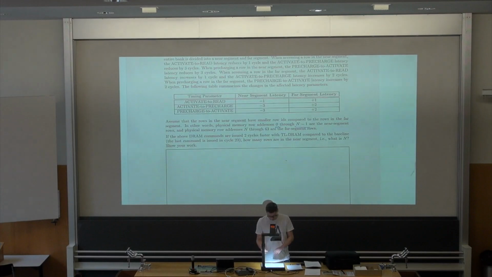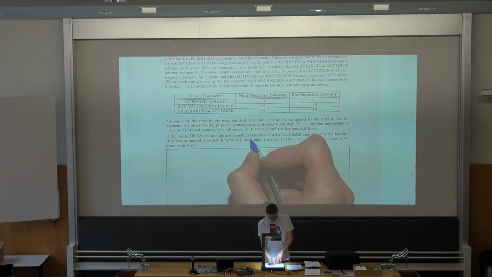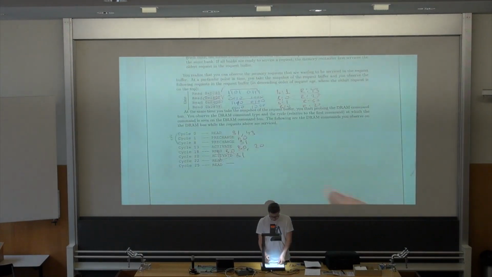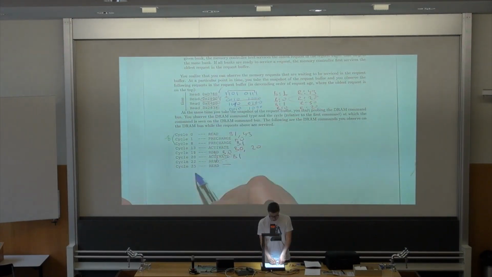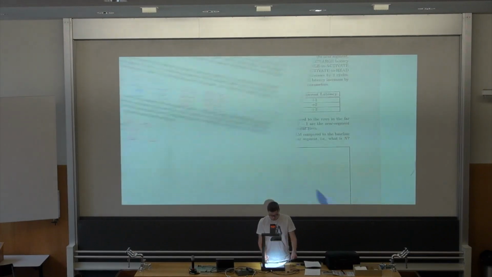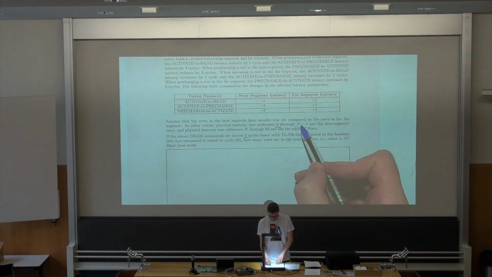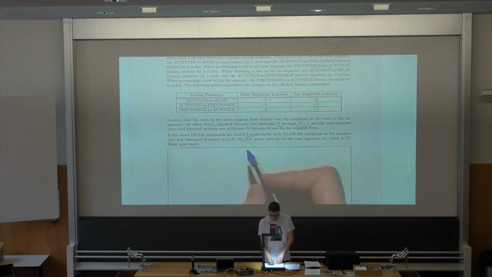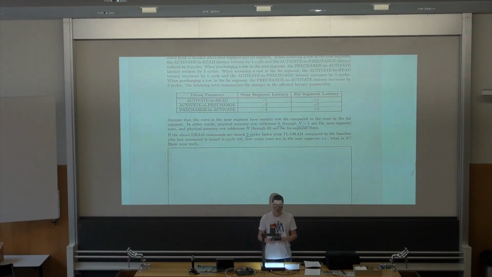We don't know what n is, and the rest are in the far segment. The question is telling us that with some value of n, it saves 2 cycles in the overall execution time. Previously, we completed those 4 requests in 25 cycles. Now with TL-DRAM, for some specific value of n, it completes 2 cycles earlier, in cycle 23. So we need to figure out what n is here.